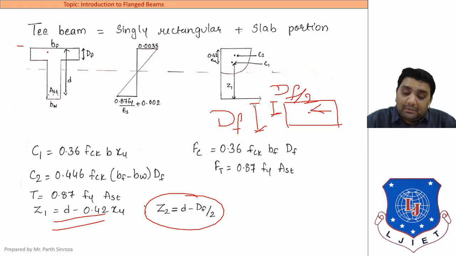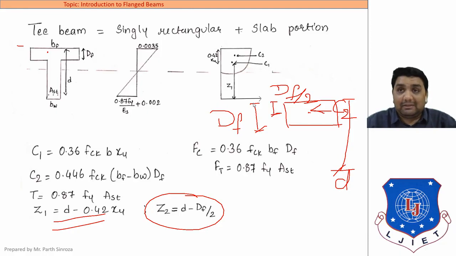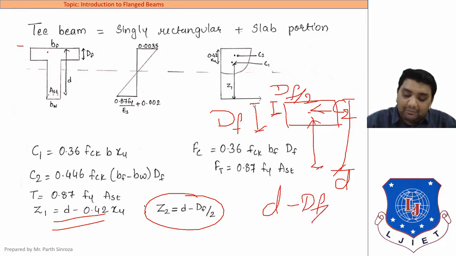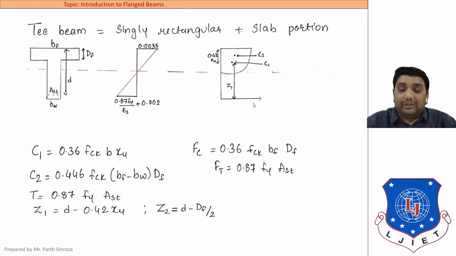The compressive force C2 will be acting at this point. From the top of slab to the steel provided, the depth is d, our effective depth. So the distance between C2 and T will be d minus df by 2. So for our second section, we always take Z2 equal to d minus df by 2.